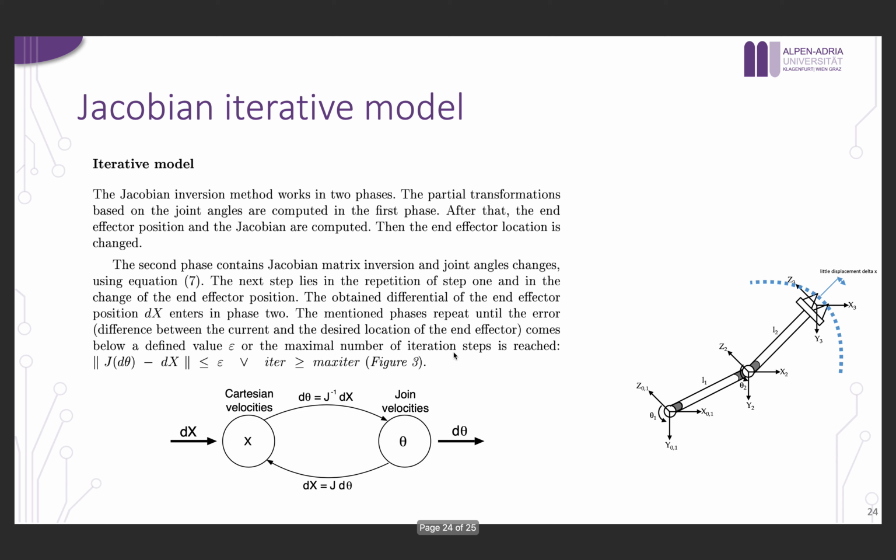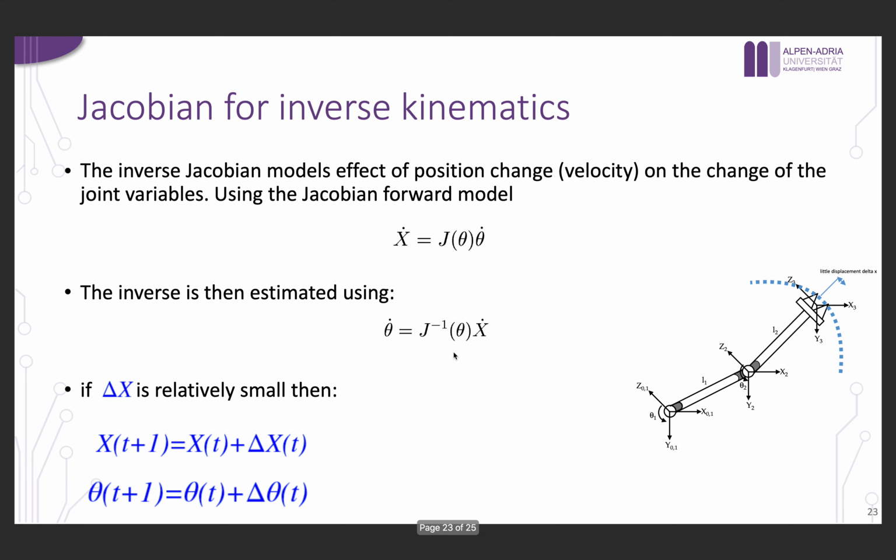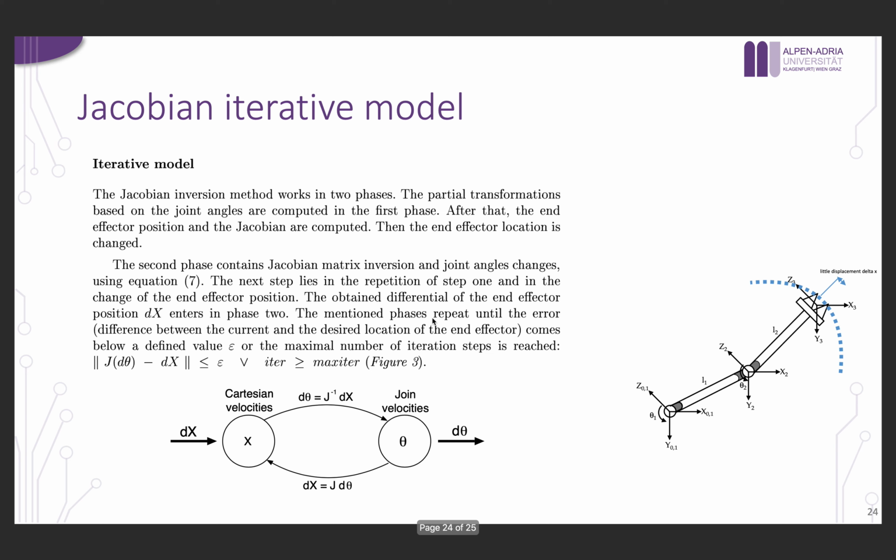Now, the challenge of the Jacobian matrix is that, first of all, this matrix needs to be invertible, right? Of course, not all matrices are invertible. For example, if it's not a square matrix, then it will be hard to invert this matrix. In this case, if it's not square, you need to use what is called the pseudo-inverse, which is okay. So you can invert the matrix with the pseudo-inverse, but it's not accurate enough because it's a pseudo-inverse. Now, to overcome this problem, there is the Jacobian iterative model.